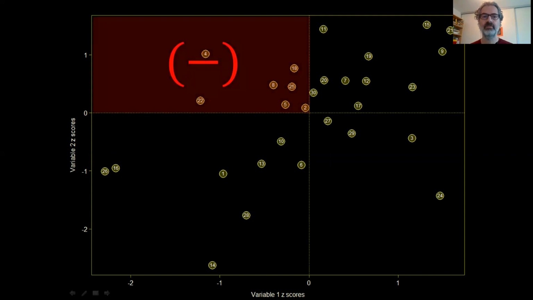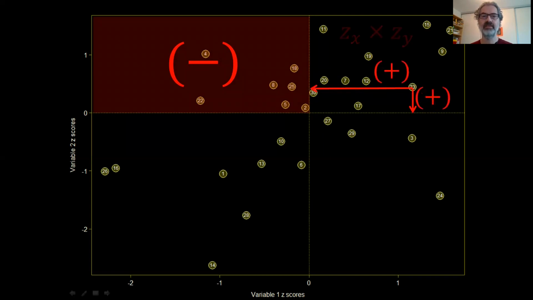Let's see what happens with point number 23. Again, these are the z-scores for this point. They are the distances from the mean of 0. And in this case, both z-scores are above 0. This point is above the mean for both variables. So this would be a positive number, and this would be a positive number.